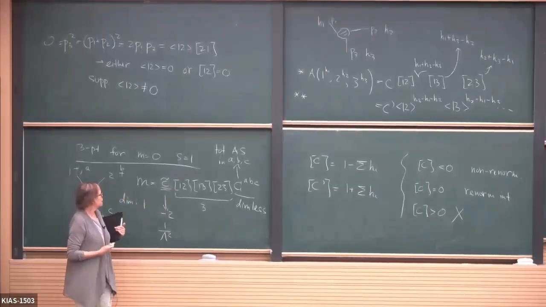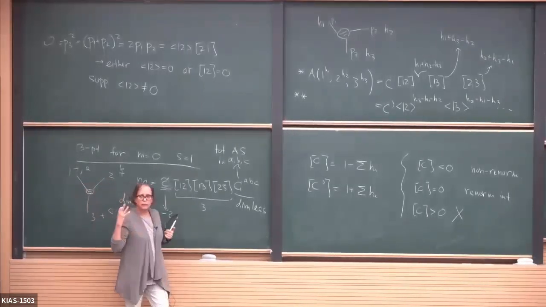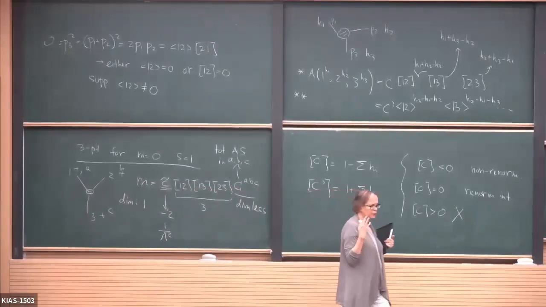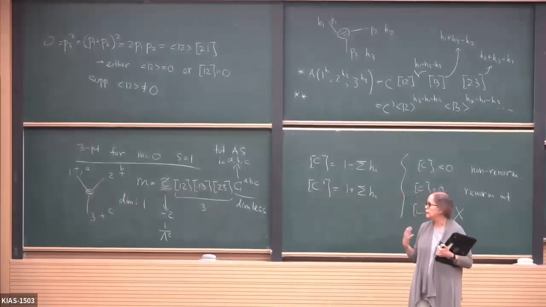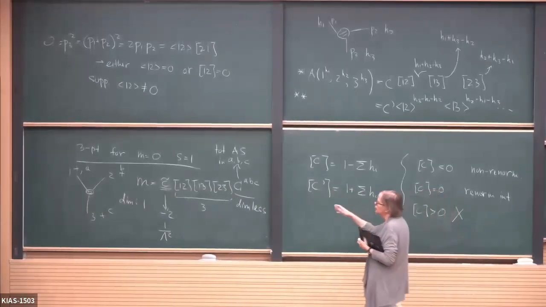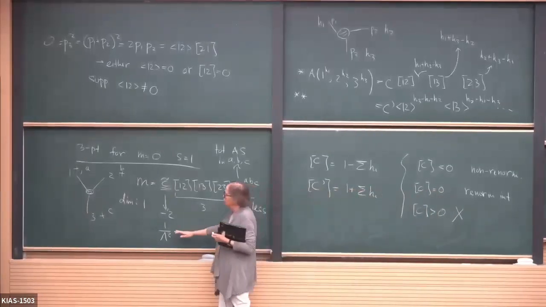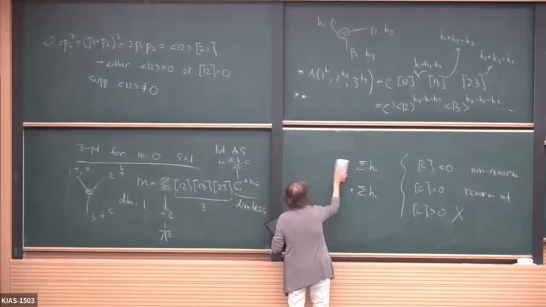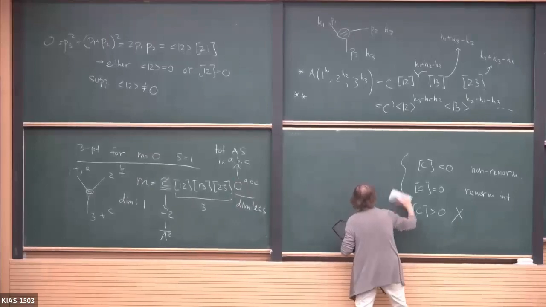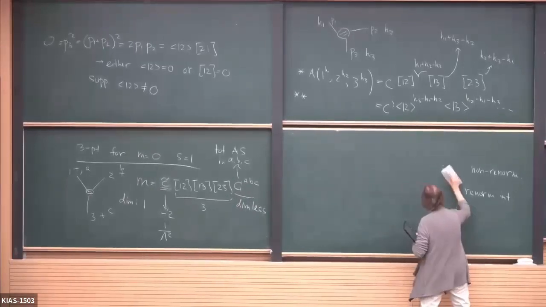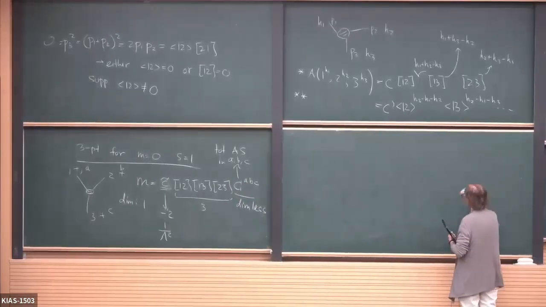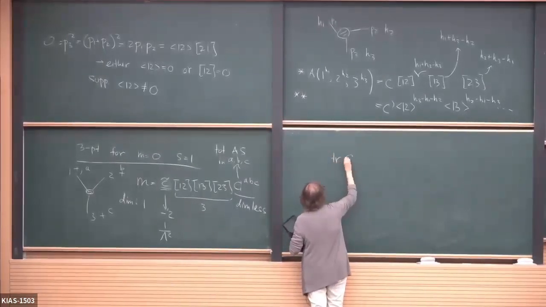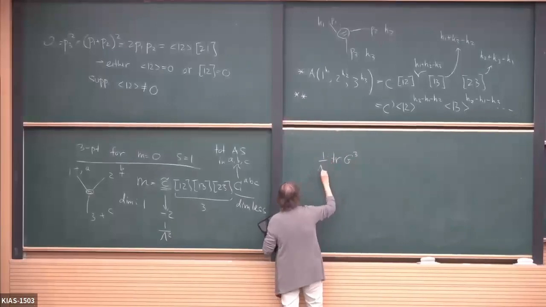But what have we discovered? We discovered that the 3-point amplitude of massless spin 1 particles allows for such a non-renormalizable interaction. And this is precisely the non-renormalizable dimension 6 interaction of 3 gluons, which you can write as trace G cubed with 1 over lambda squared.